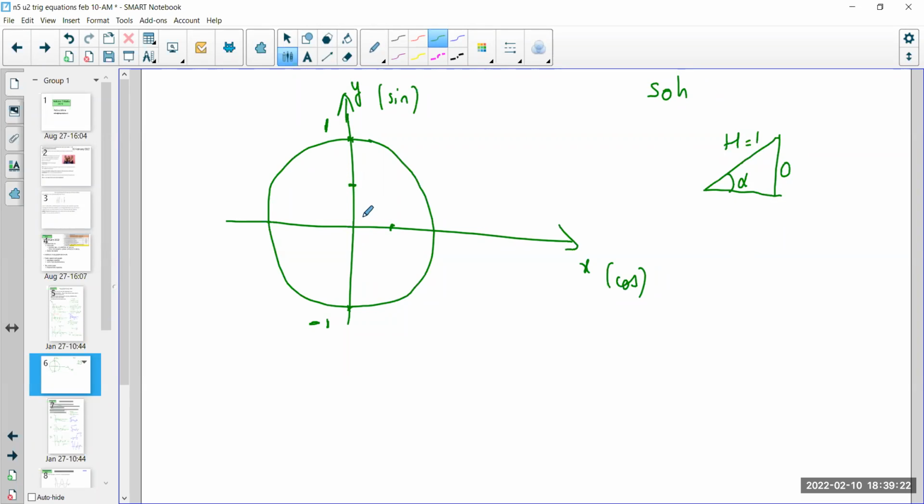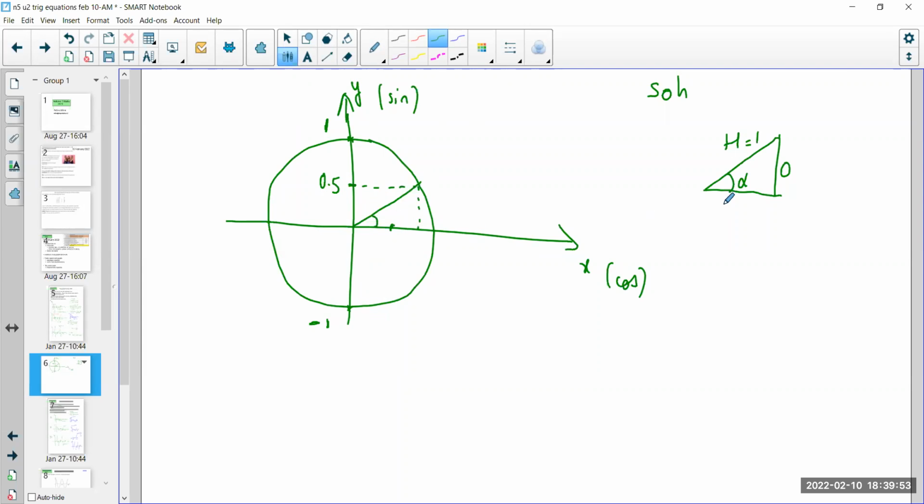So if I'm asking you to find sine for this angle, and this is a half, 0.5, you'll find out that this angle is 30 degrees.